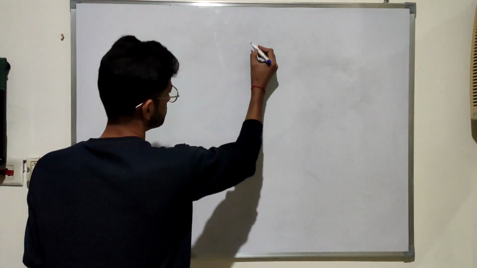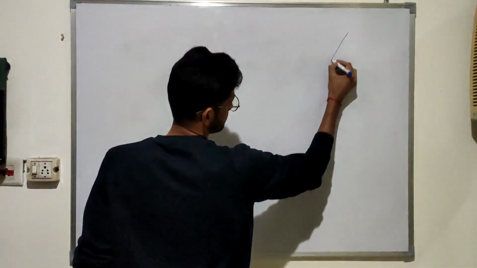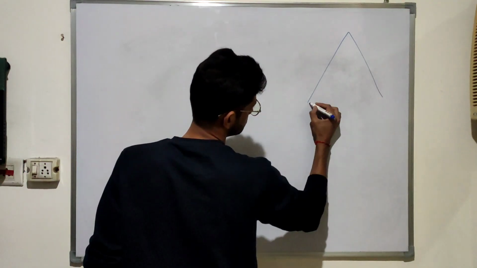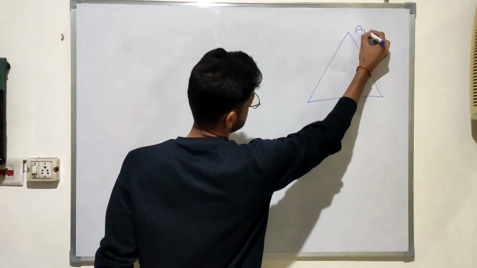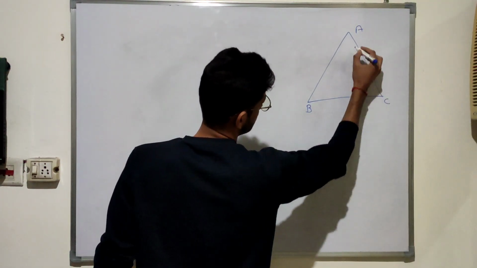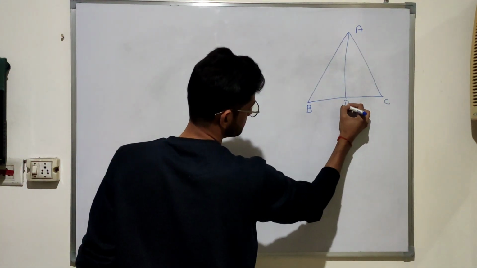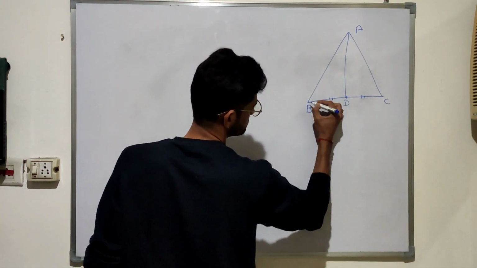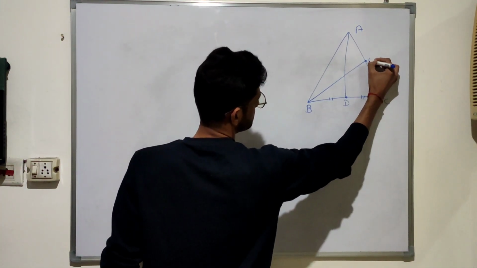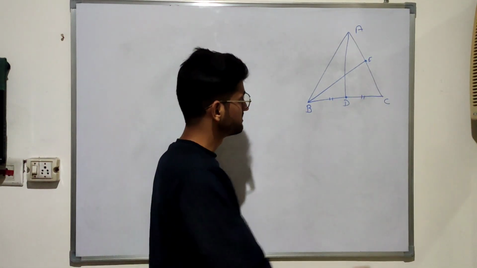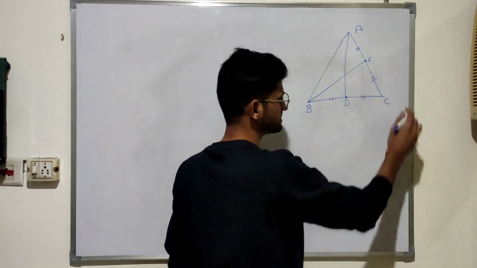Now suppose we have a triangle ABC, and we know that AD is the median, that is, D is the midpoint of BC, and BE is also the median to side AC. It means that AE is going to be equal to EC.